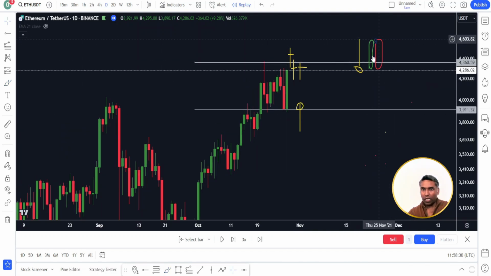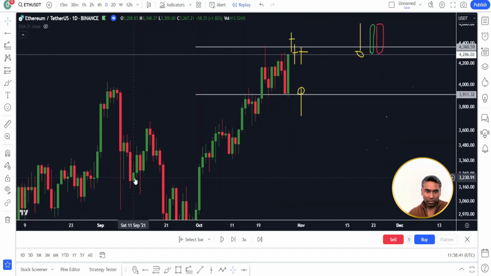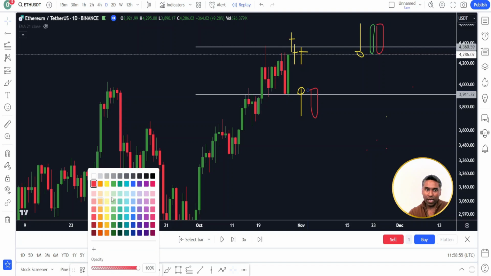And for the engulfing pattern, we have opposite colors from these two here. For example, the first candle would be a red candle, which comes down like this. Let me draw a red candle here. And then we will have the other candle, which would be a green candle to the upside.